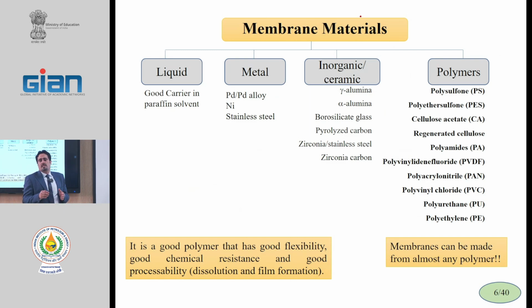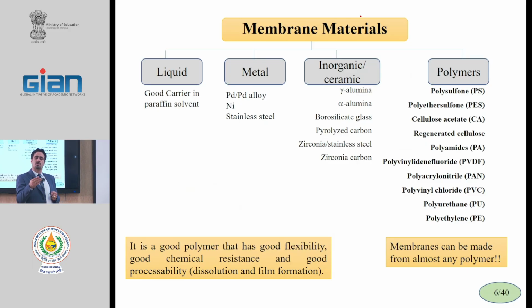We can increase the stability of membranes, polymeric membranes, with cross-linking. When we have a polymer that is not suitable for membrane fabrication, we can change the properties of polymers.